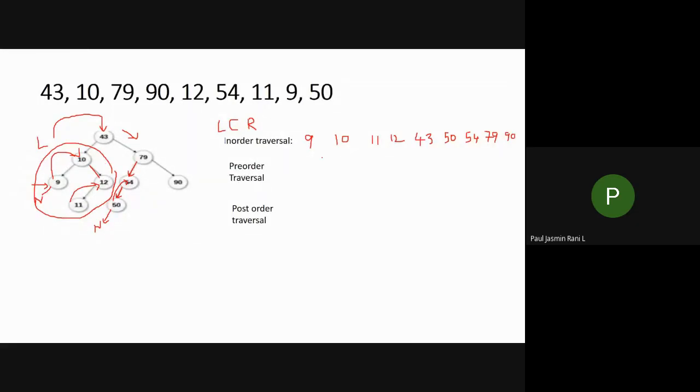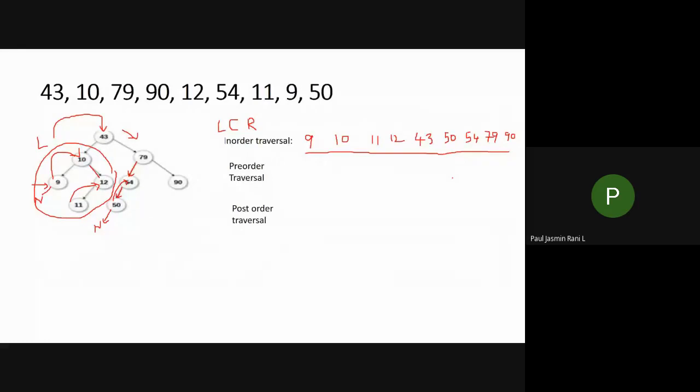Now, from this result, can you guess what happens here? Any inference from this result of your in-order traversal? How are we getting this result? Ascending order. Yes, you are getting your result in ascending order, isn't it?